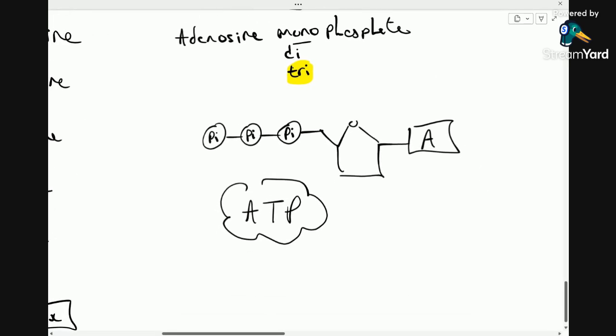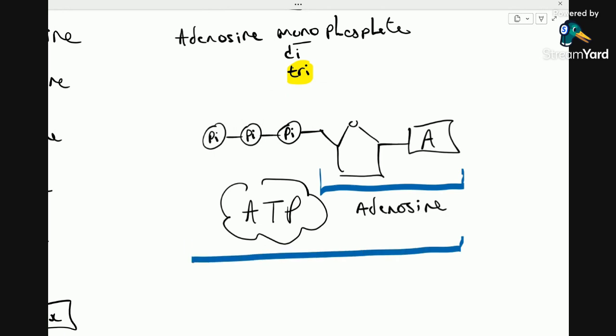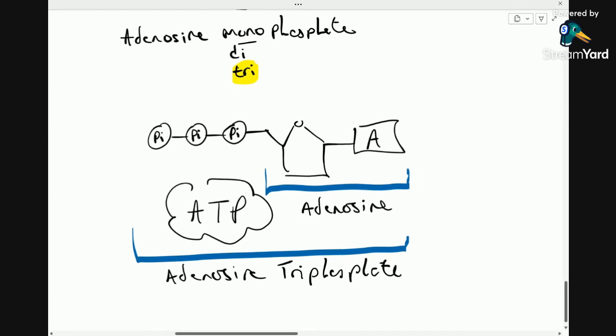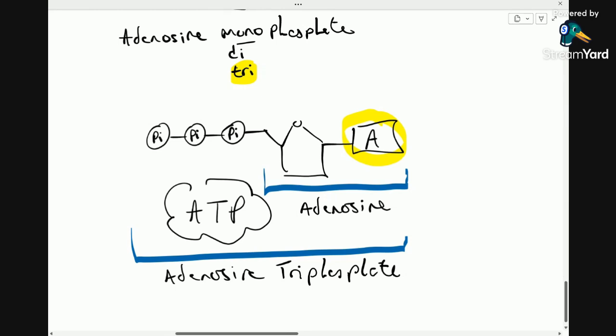Adenosine being this bit, so that's adenosine, and then this is adenosine triphosphate. And just the adenine there, the base on its own, is just adenine.